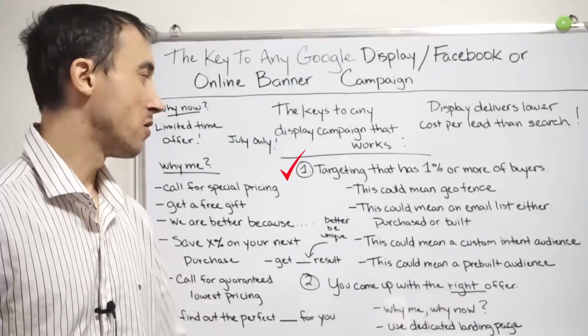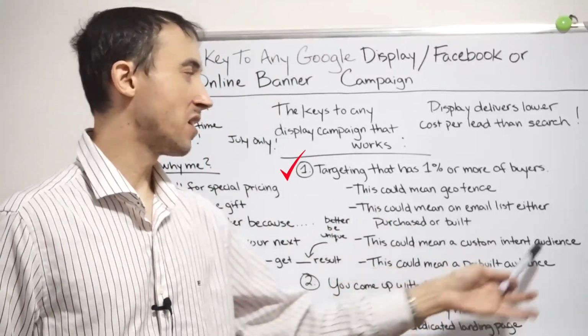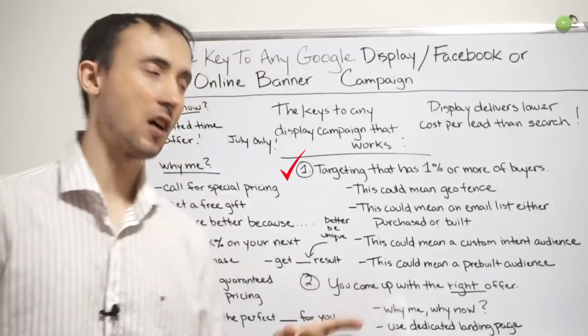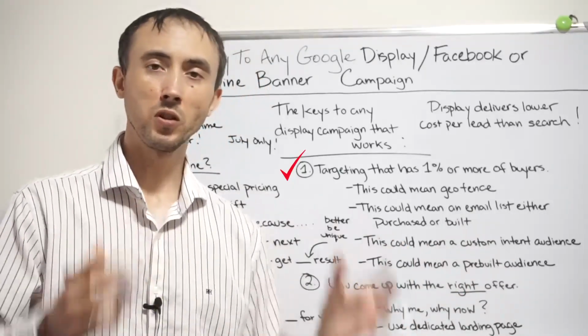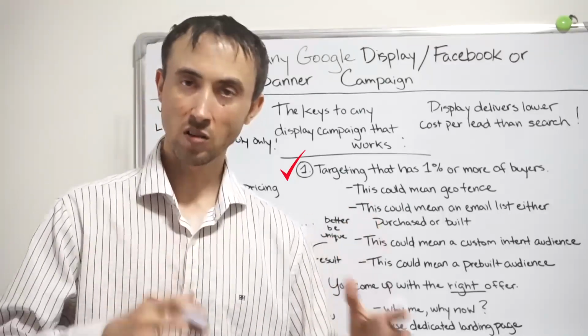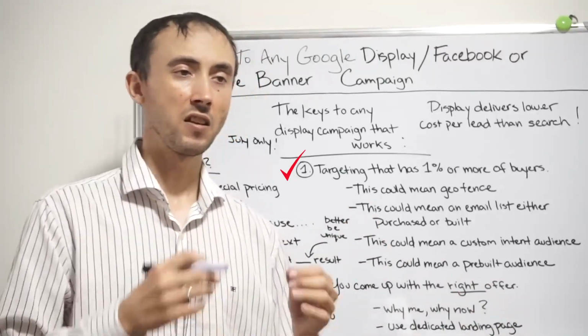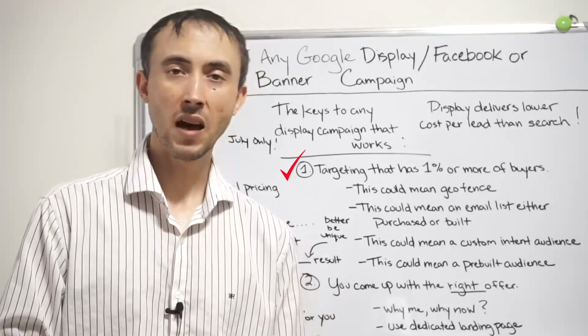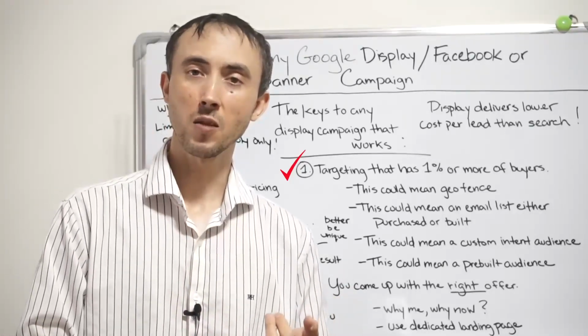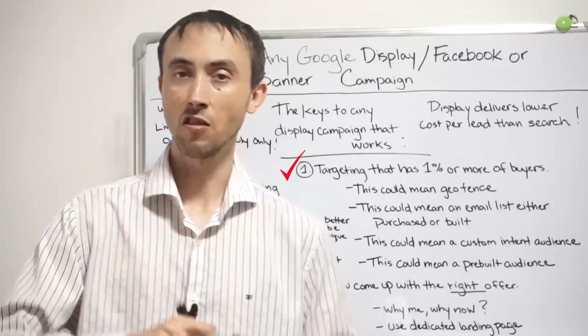The third way you can do this is you could get a custom intent audience going for your business. Now this is done specifically through Google Display Network we're talking about here. But through Google Display Network, you can create, through what is called a custom intent audience, a list of people who either have been to somebody's website in the recent past or searched for a certain thing in the recent past. We're talking like in the last 30 days.